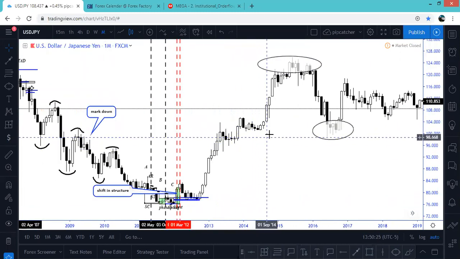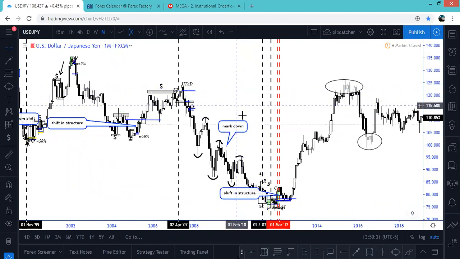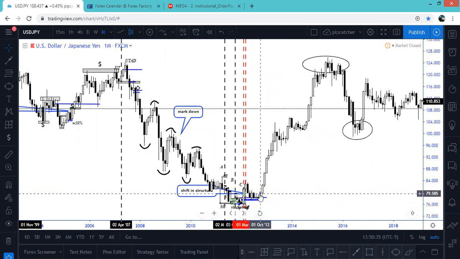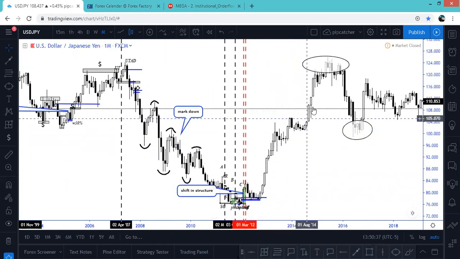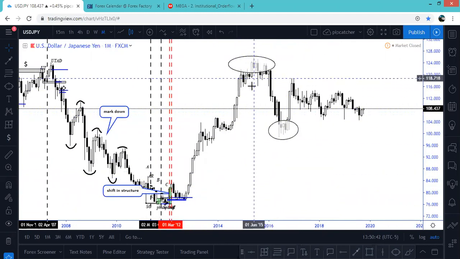So we had this long trend up, right? After this reversal point, we had this long trend to the upside.